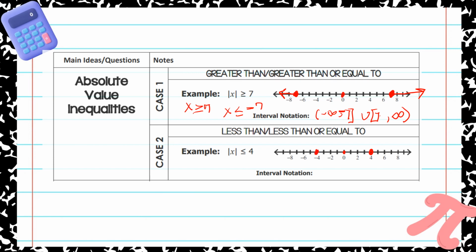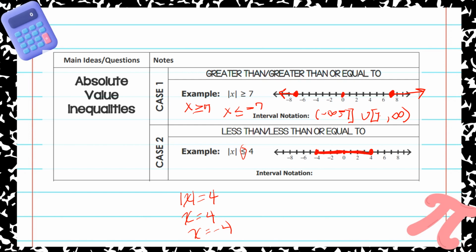We know that the absolute value of x equal to 4 means x is equal to 4 and x is equal to -4. But now we want that distance to be less than or equal to 4. So from here to here is less than 4 units from 0, and from here to here is also less than 4 units from 0.